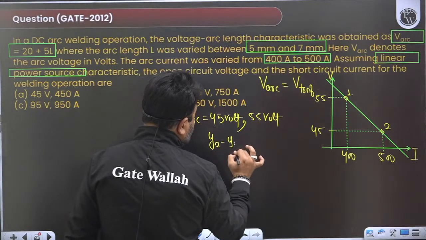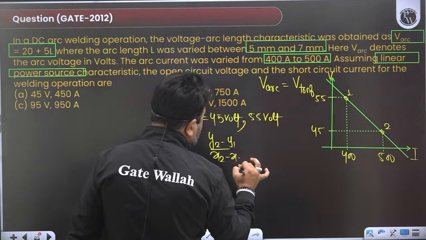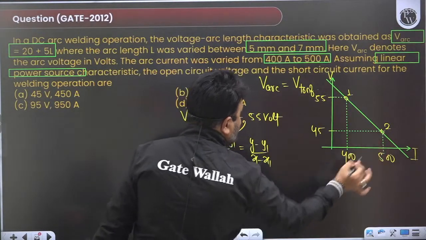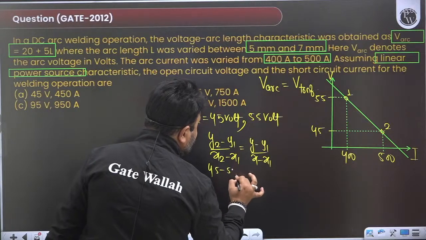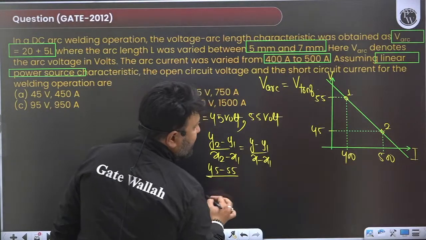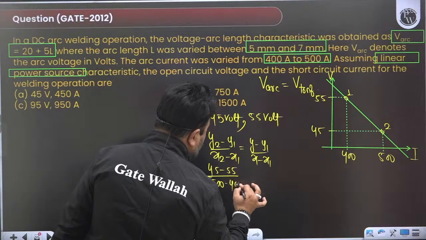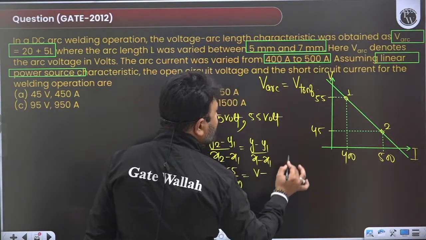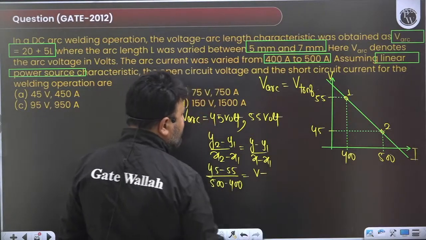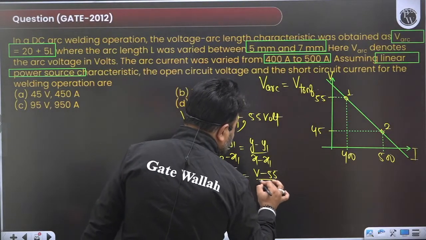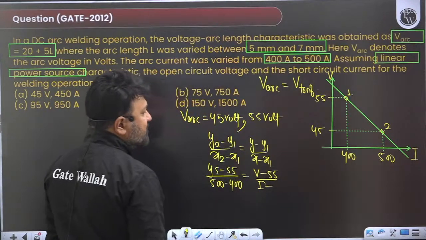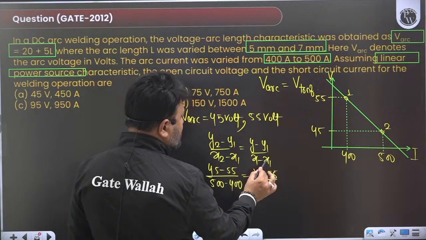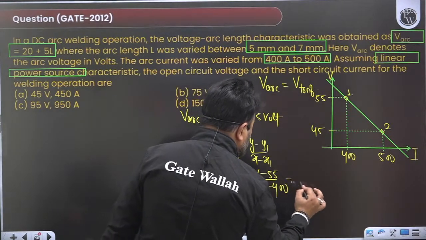Using y2 minus y1 divided by x2 minus x1 equals y minus y1 divided by x minus x1: y2 is 45 minus 55, divided by x2 is 500 minus 400, equals y, that is V minus y1, that is 55, divided by x, that is I, minus x1, which is 400.